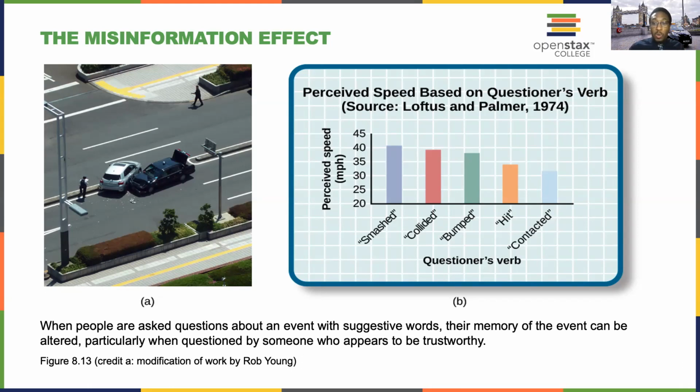Participants who heard the word smashed estimated that the cars were traveling significantly faster than did participants who heard the word contacted. So in summary, the participants' memory of the accident was significantly influenced by the type of verb used, or the implied meaning of the verb used by the researchers in the interrogation.